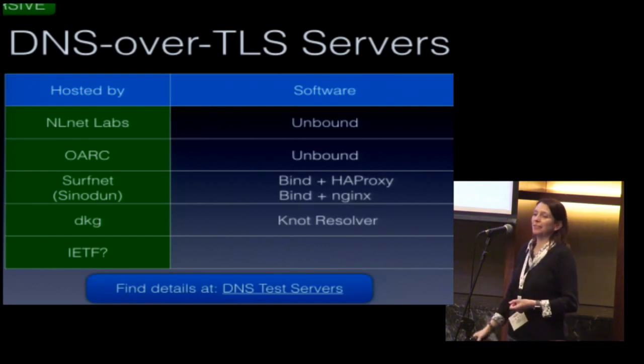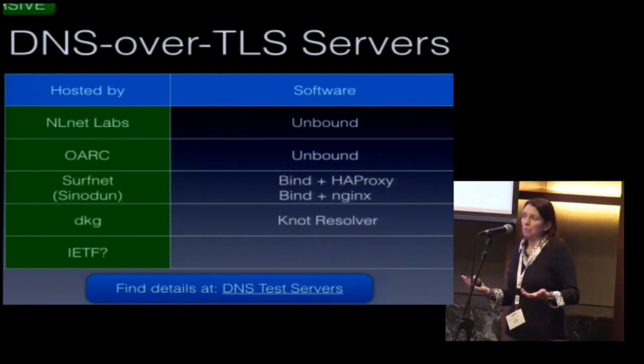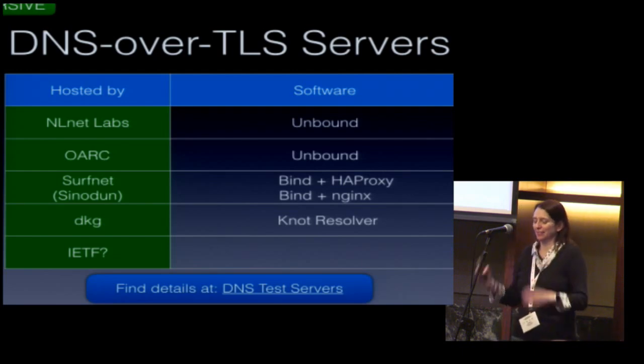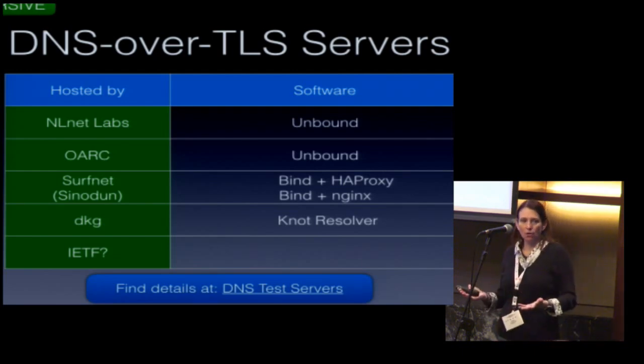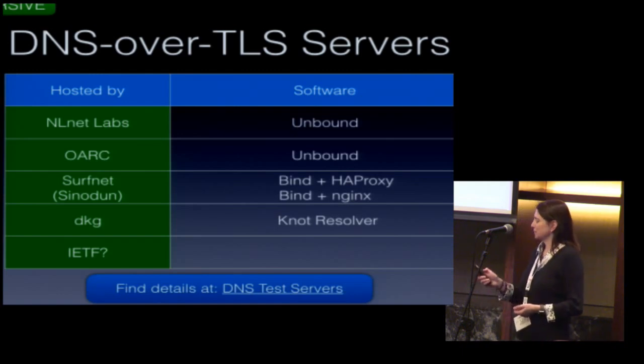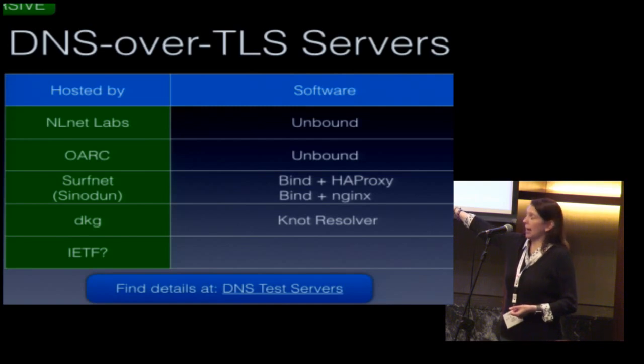There's a question mark against IETF because we sort of started exploratory talks about, well, maybe the next IETF could offer a privacy server, maybe this one even. I'm getting faces from Warren, I won't ask that. But that would be a nice step, just to offer that so people can get experience. If you want to know the details of these servers, they're at a web page under that link.